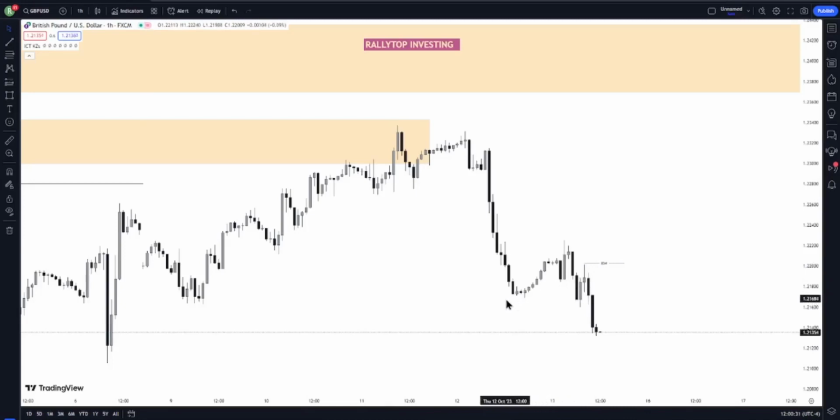Now, the first one is here. Let me show you that first one, which will be your decisional OB. Where is the first one? The first OB would be here. Let's see. It took out inducement. And everything is mitigated here. This one is mitigated. Now the next one is here.